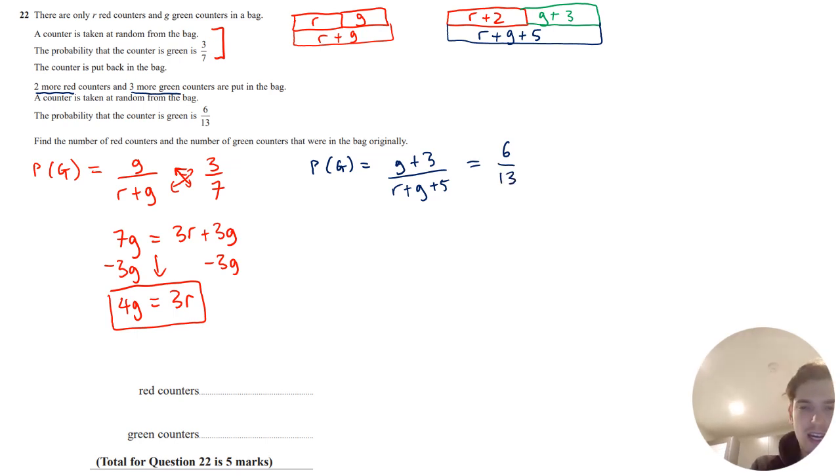Again, let's cross multiply here. What do I have? I've got 13G plus 39 equals 6R plus 6G plus 30.